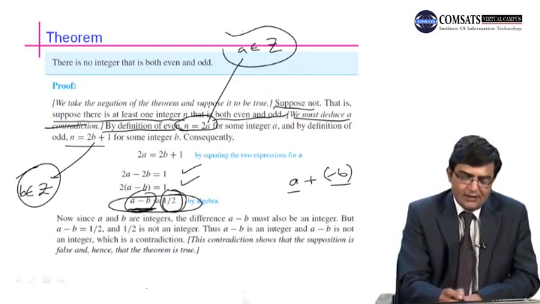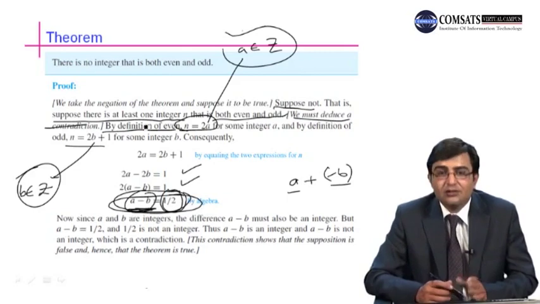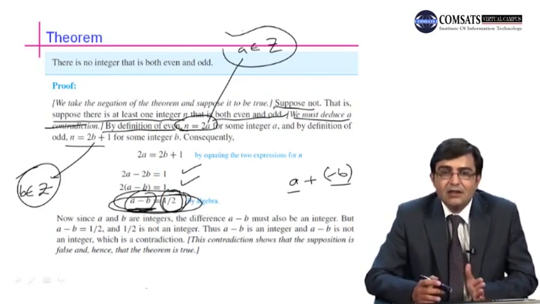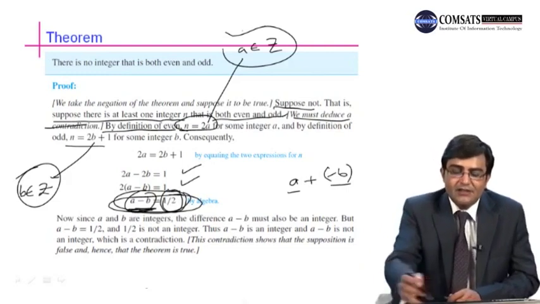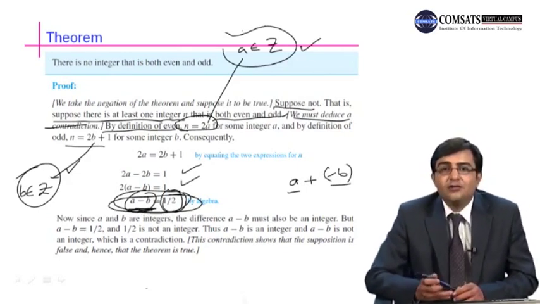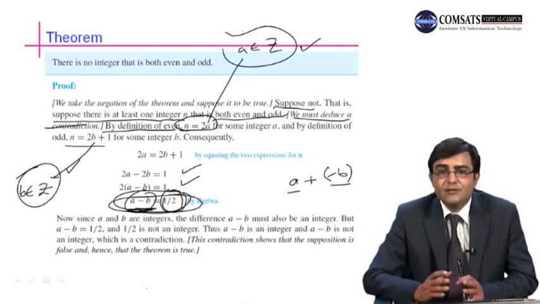So we can see that this is a contradiction, because on the left hand side, a minus b must be an integer by the definition, but here a minus b comes out rational.